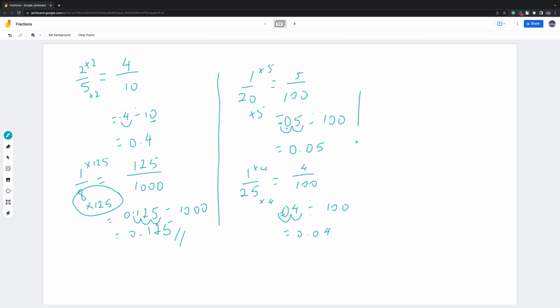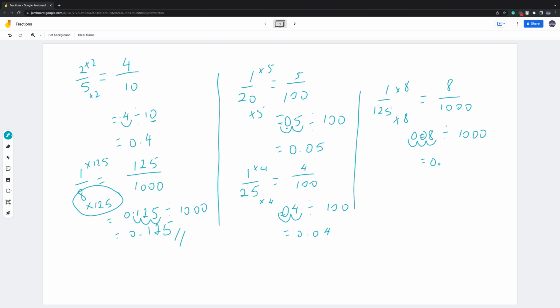And of course, the other number will be 1/125, where you multiply by 8. You get 8/1000. Okay, 8 divided by 1000. You're going to shift thrice now. Once, twice, and thrice. Look, there are 2 spaces for you to put 2 zeros.